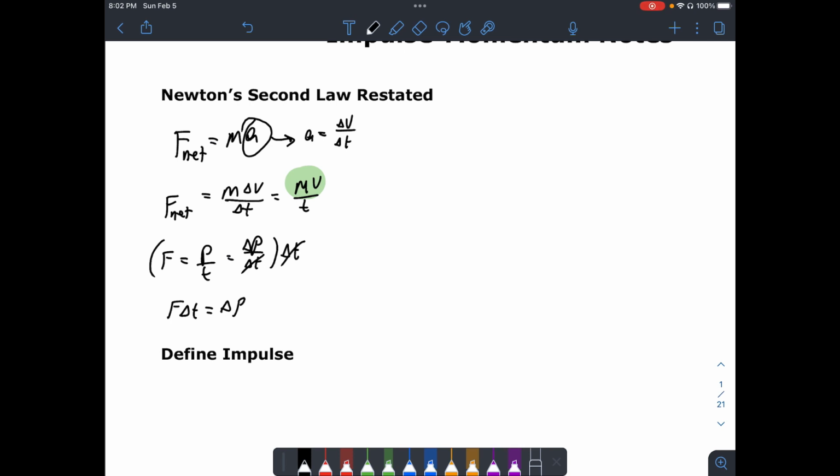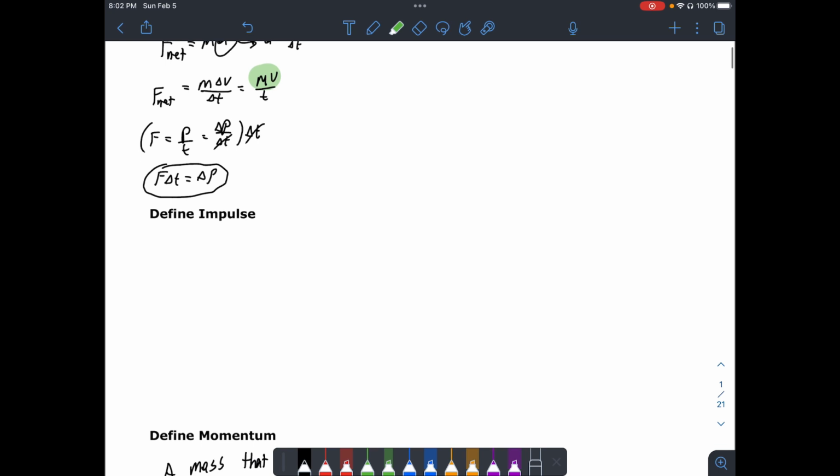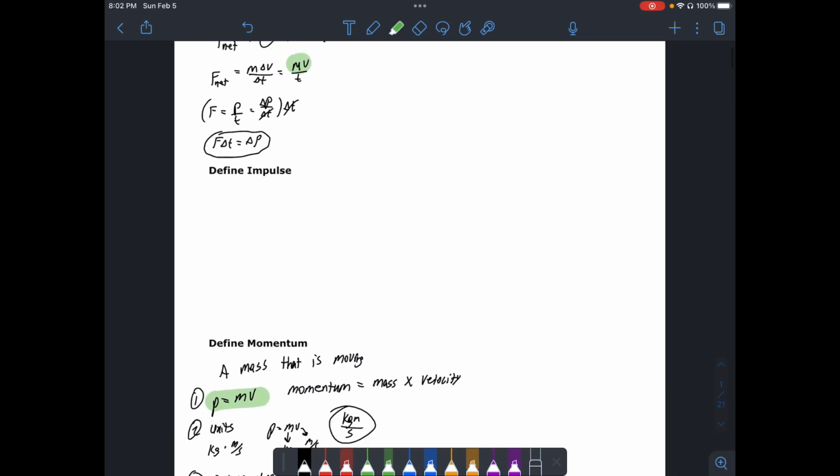All right. So this is Newton's second law restated. See, we can get back to our original equation up here by just manipulating what we have down here. Now we have this new word that you probably are not familiar with, which is called impulse. Or if you've heard it before, it might not have been used in the same way as we're going to use it.